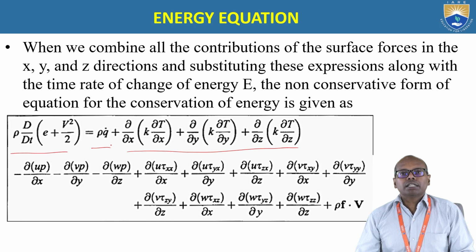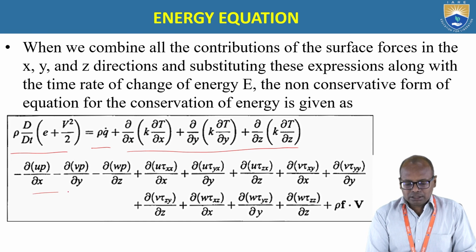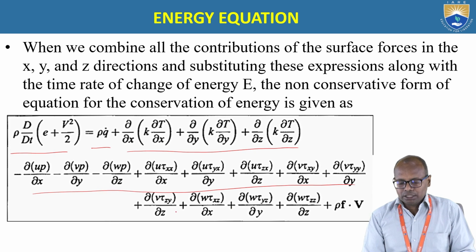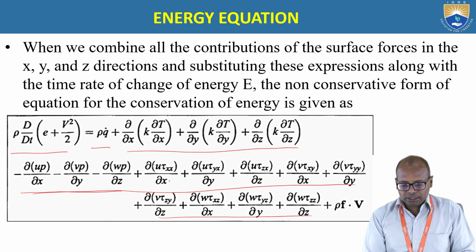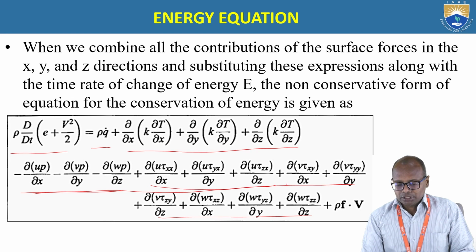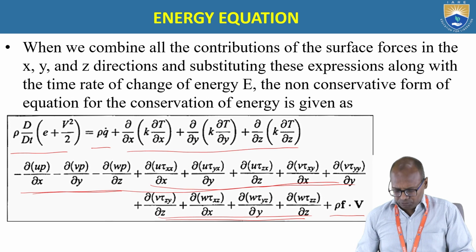This is the net heat transferred due to radiation, and this is the net work done by the shear stresses. This is the net work done by the pressure force. This is the net work done by the shear stresses and normal stresses, and this is the net work done by the body forces. So if I add up all these things, I will get the energy equation, which is in non-conservative form.